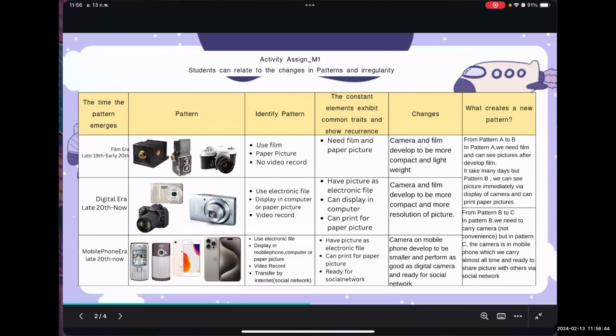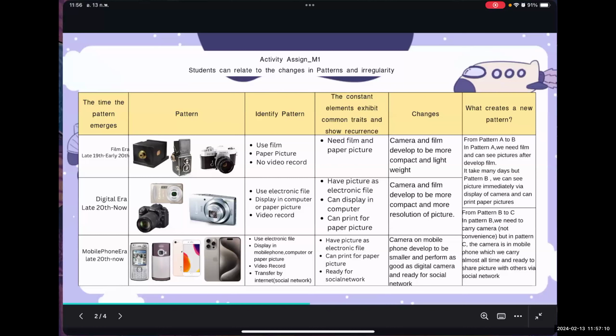Yeah. So today I will present to you about the evolution of the camera. First era is the film era. Identifying pattern is that it uses film and has paper pictures and no video record. And second era is the digital era.